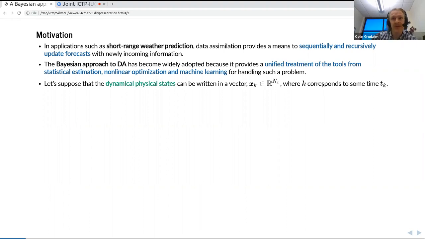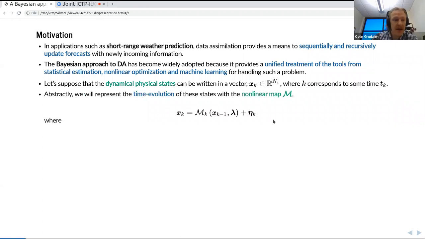What we want to do now is introduce our mathematical formalism for this, where we suppose that we have dynamical physical states, written in a vector x_k, where k corresponds to some time index t_k.